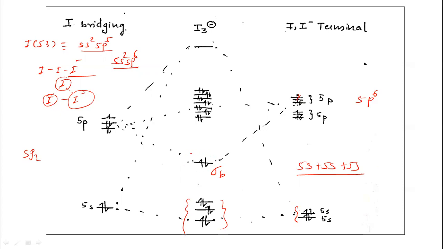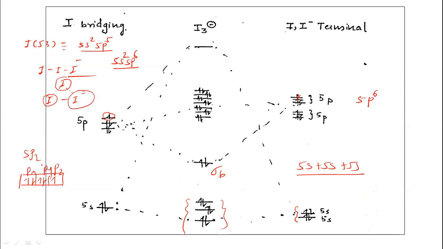Here one electron is present in the p orbital. There are 3 p orbitals, so 5p5 can be represented in this way. Suppose this is the pz orbital and these are px and py.